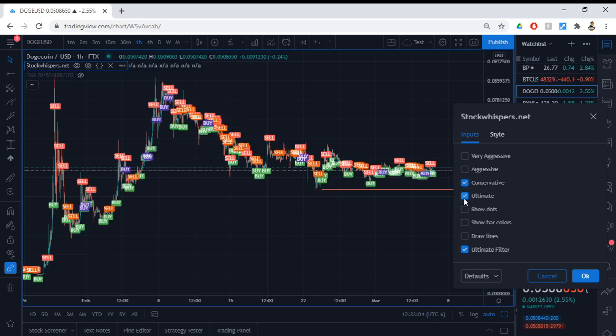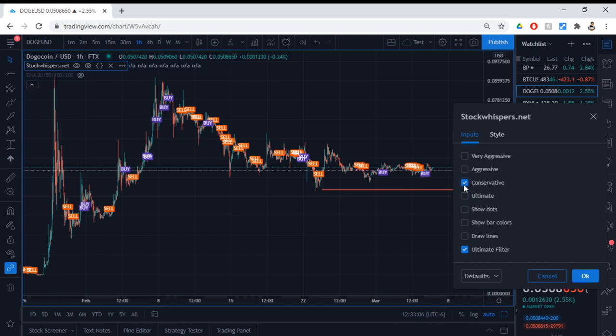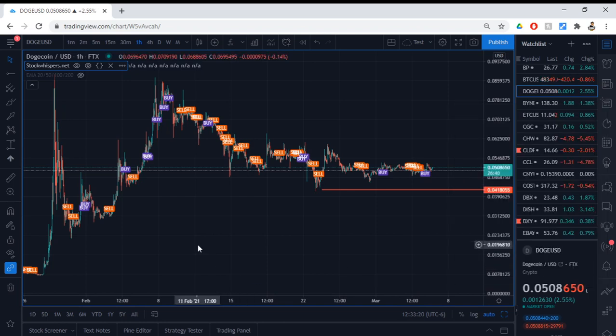Ultimate's looking kind of choppy. Conservative, aggressive, very aggressive, conservative. Okay, conservative looks good.